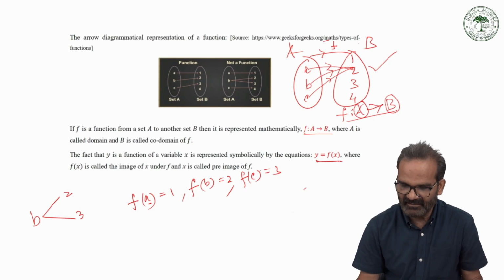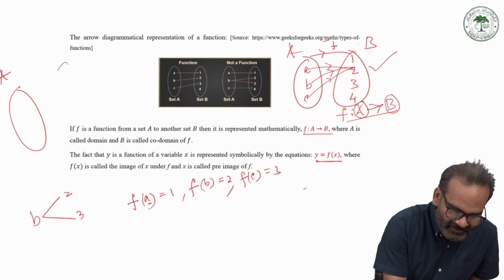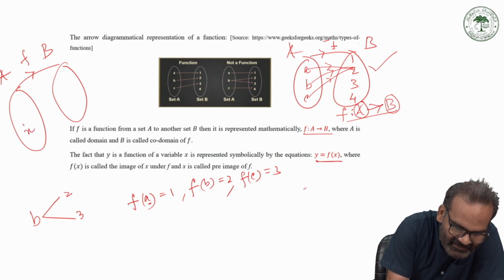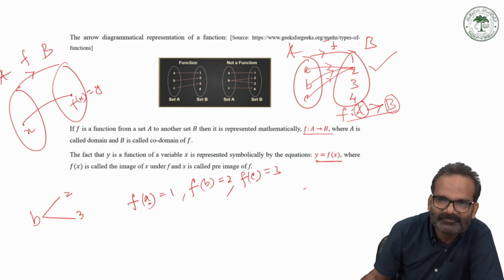Now in general, if I take the set A, this is a set B, and this is a function f, right? Take any element here, x, and its image under f is f(x), that is equal to y.